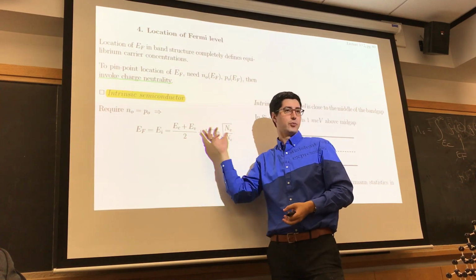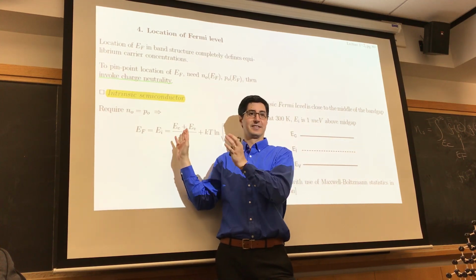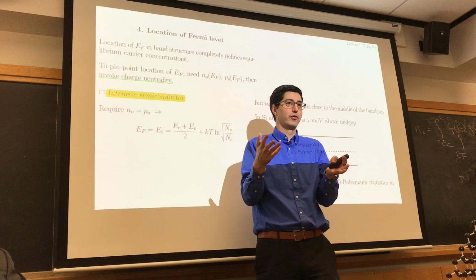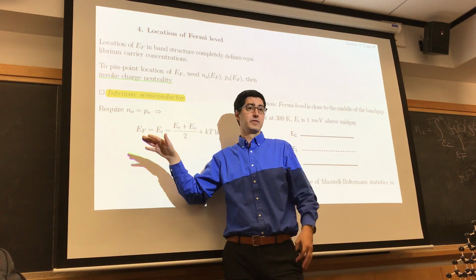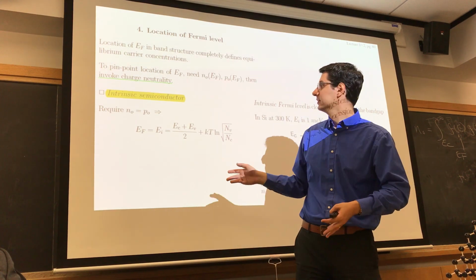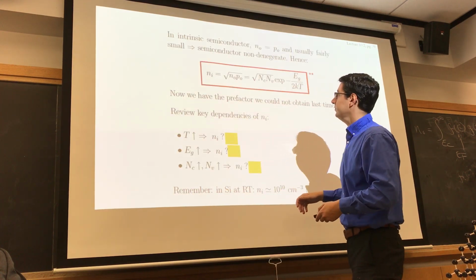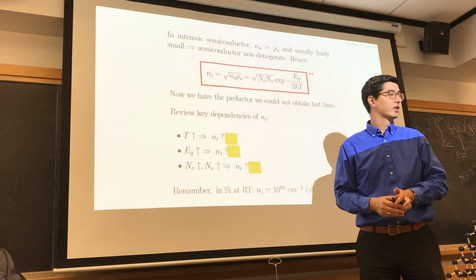So if I do my expressions and I calculate, E_I is just defined. E_I is my intrinsic Fermi level position. It's just saying, where does my Fermi level lie when my semiconductor is intrinsic? I can take my expressions, right? I have an expression for n₀.